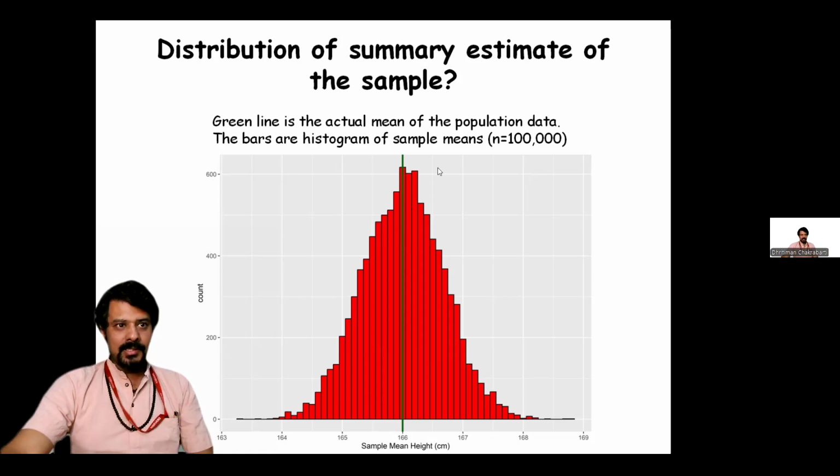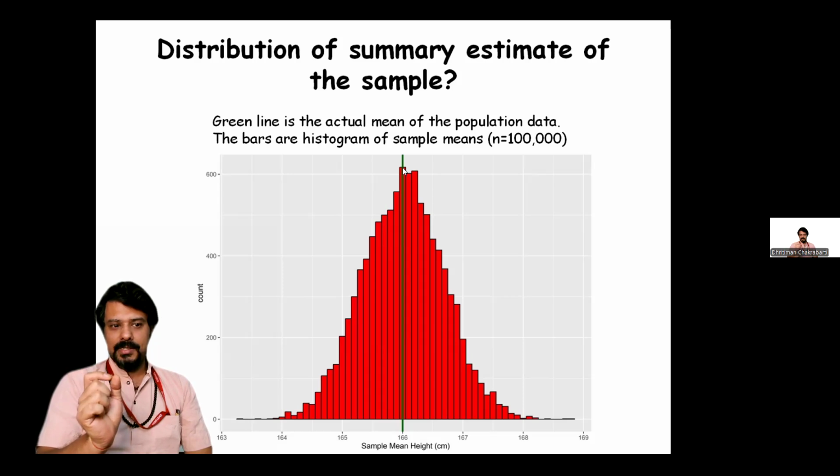Each of these bars has a bin width of 0.2, that is, it ranges from 165.9 to 166.1. Within this bin width lies the largest number of sample means.